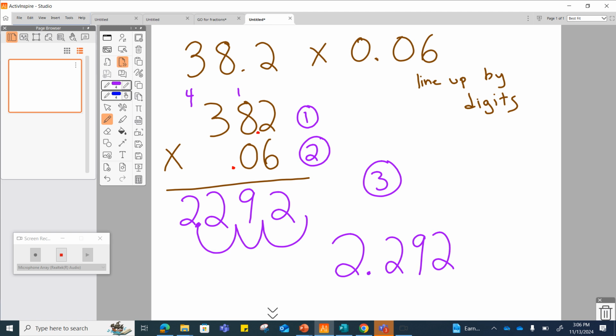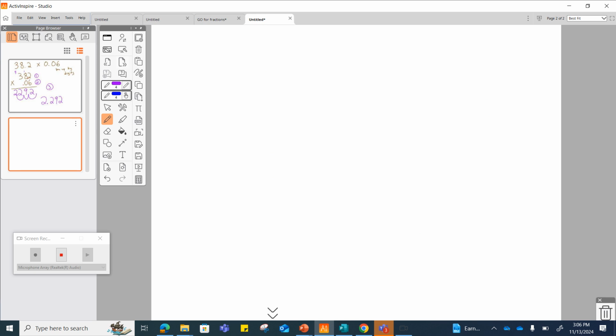Next problem. Have to go to my phone to look at the problem. Next problem is 38.2 minus 0.006.